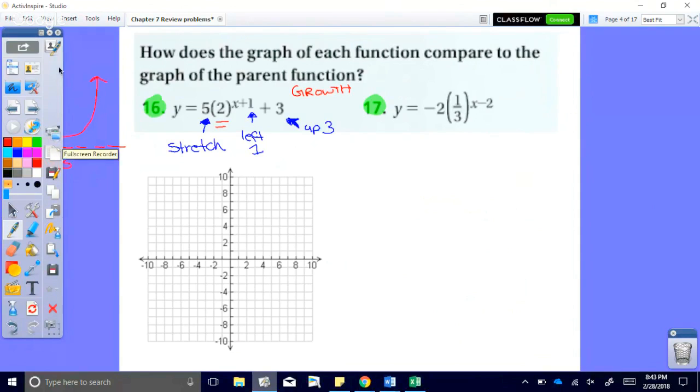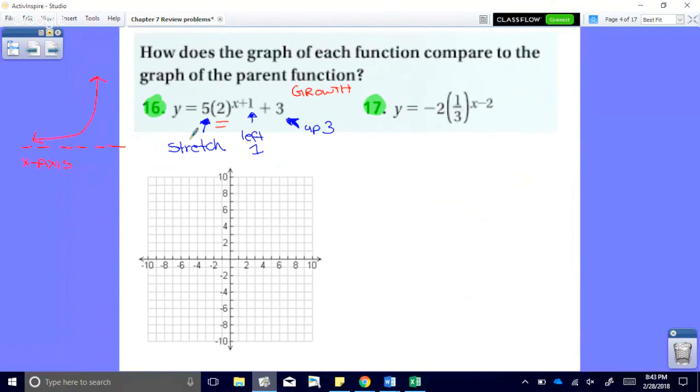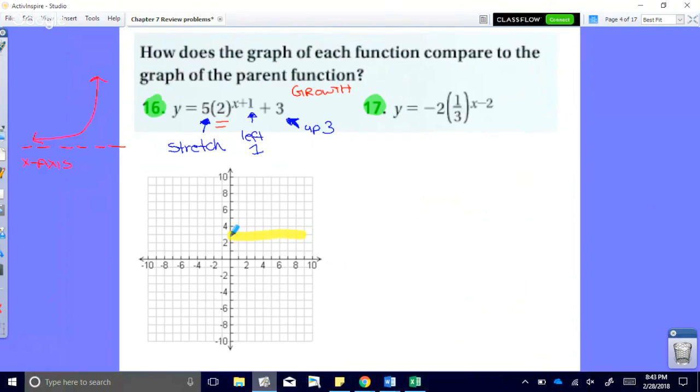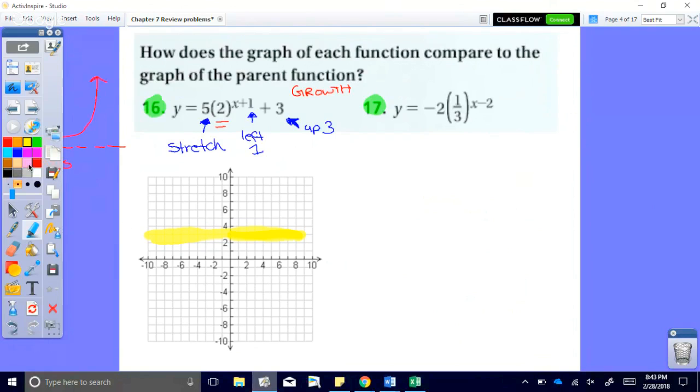Okay, so we're taking this exponential function and shifting it to the left one and up 3. I'm going to get my highlighter and highlight the asymptote. Instead of the x-axis, we go up 3, and we have a new asymptote, the line that the graph is going to approach.